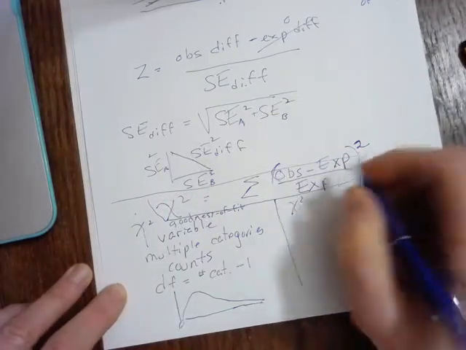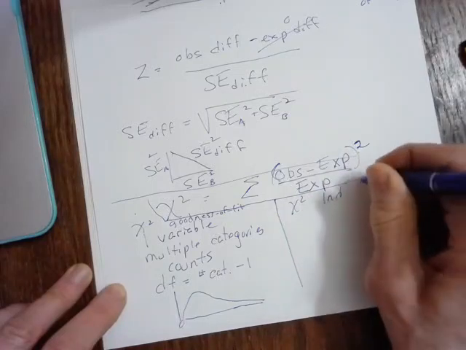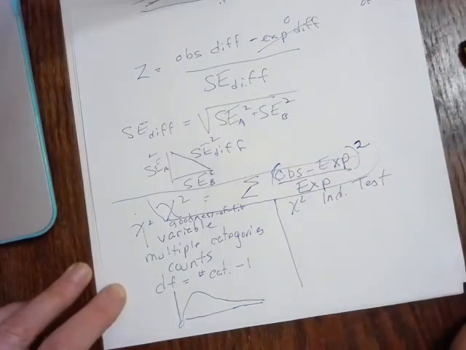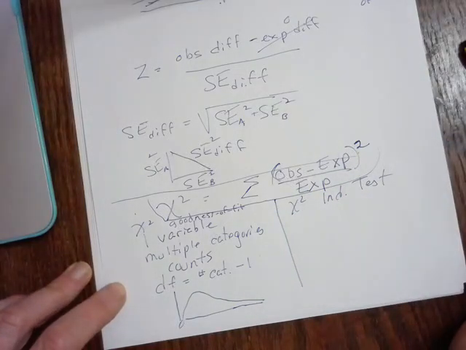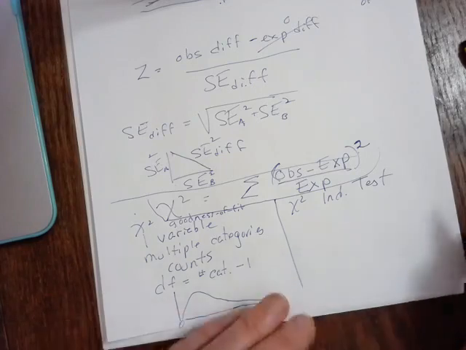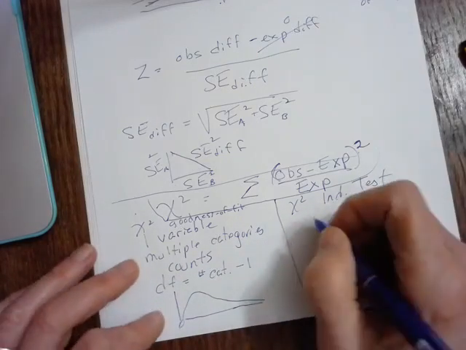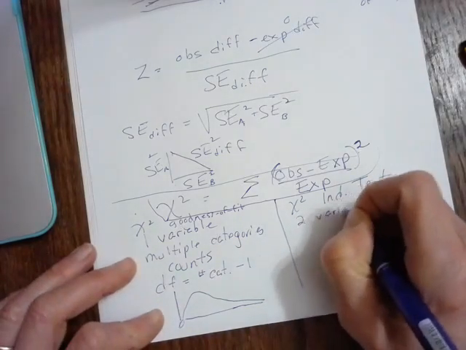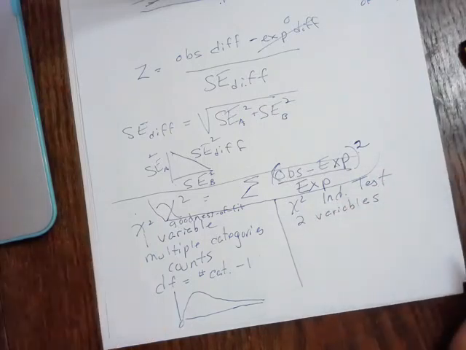And then there's the chi-squared independence test. What's that? The chi-square independence test has two variables, and the null is they're independent of each other.